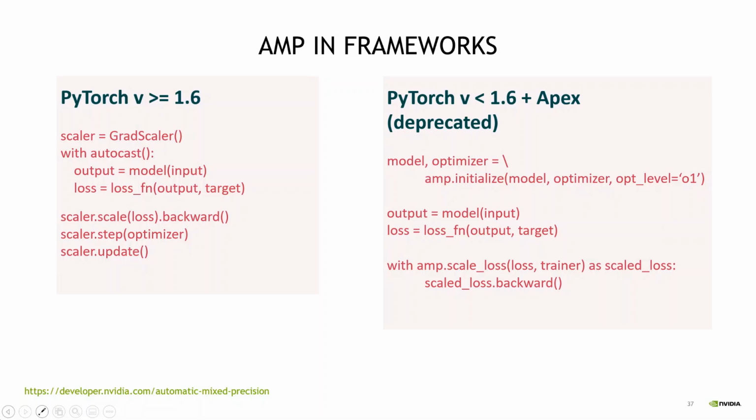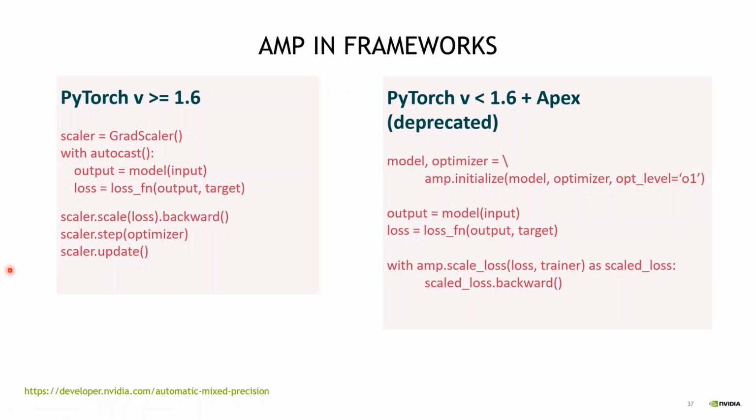Here we have an example of AMP support in PyTorch. In older versions of PyTorch, AMP support was implemented in a separate library created by NVIDIA. It's the Apex library. But from version 1.6, support of AMP is natively included in PyTorch and you don't have to use Apex anymore. Let's have a look at the code.